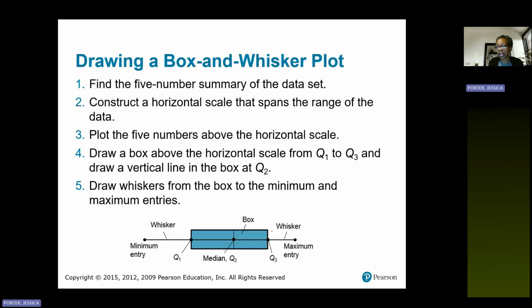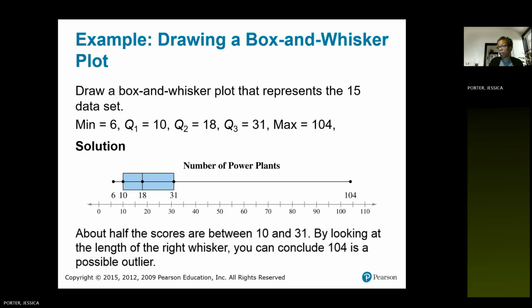Quartile 3 is the end of the box. And then the maximum is going to be the final whisker at the end of the final whisker. And you can draw the box and whisker plot that represents the 15 point data set here.